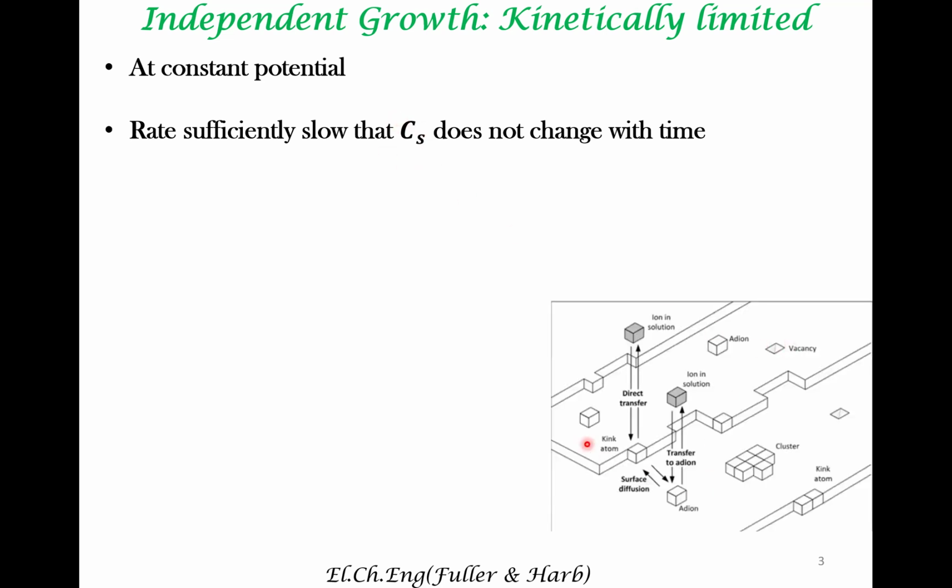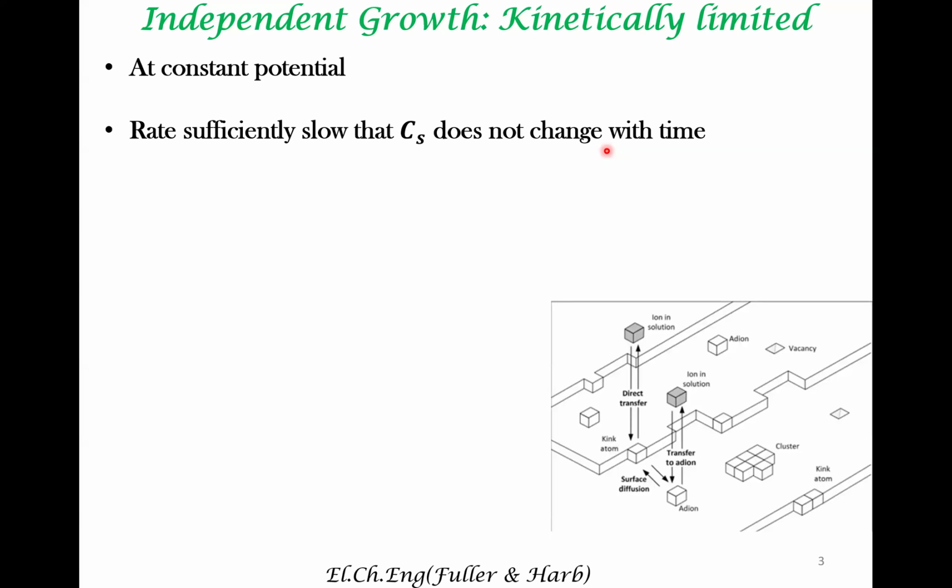Let's say there is an electrode over which electrodeposition is occurring. We are talking about concentration of the species, relevant species, adjacent to the electrode. That will also control, let's say, free adatom concentration on the electrode. This is not changing with time.